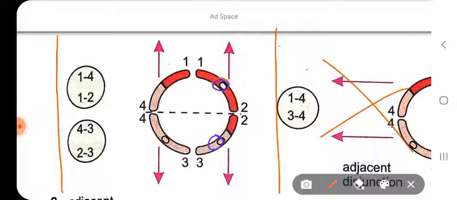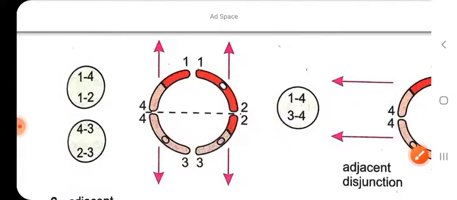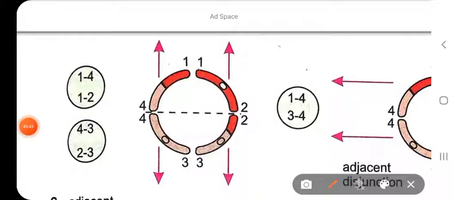Here the centromere has not been shown. So let's suppose the centromere is this. Okay, I am going to remove all this image.